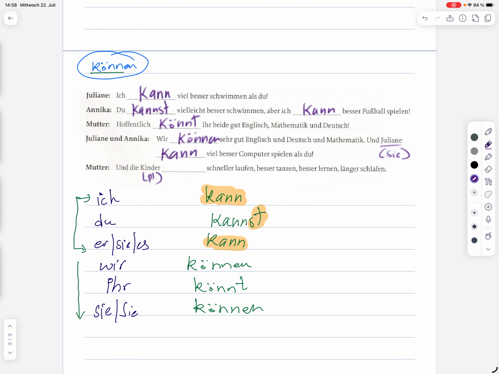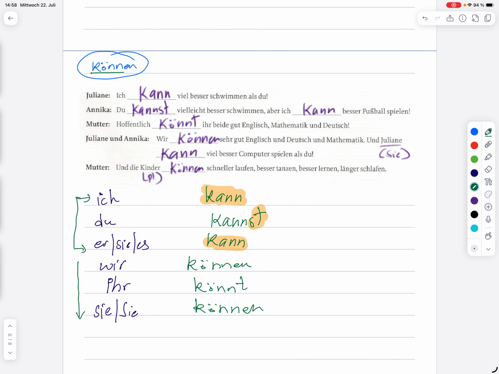So for plural we have sie, and it will be können. So die Kinder können schneller laufen, besser tanzen, besser lernen, länger schlafen, right? And that's all of it.